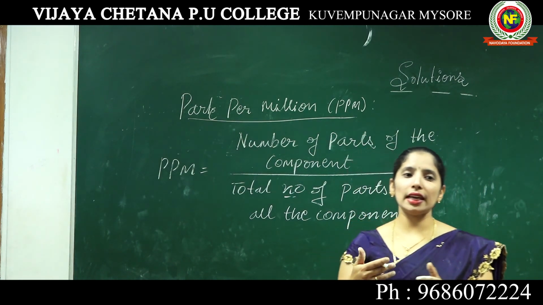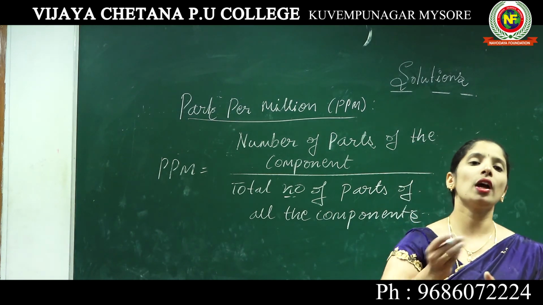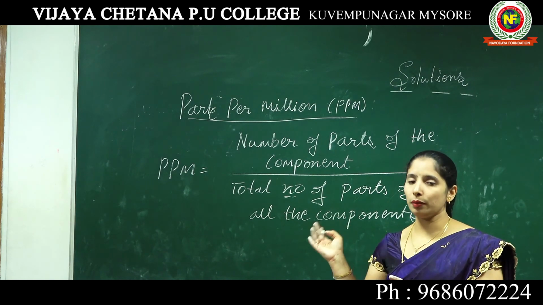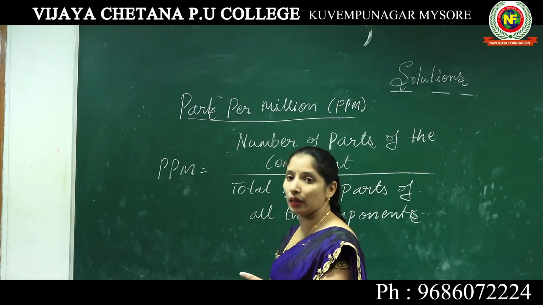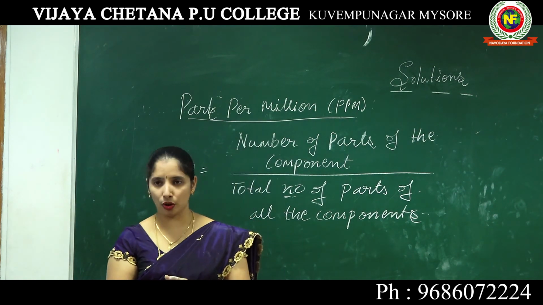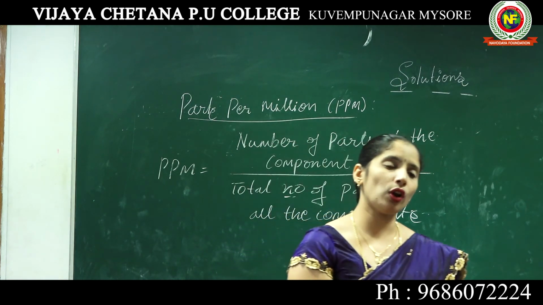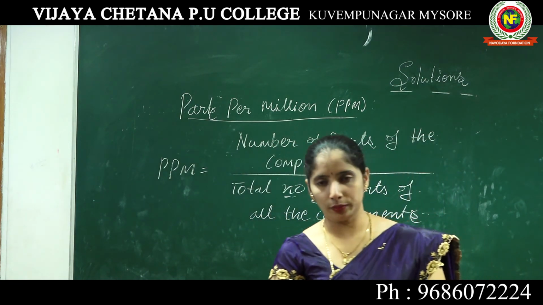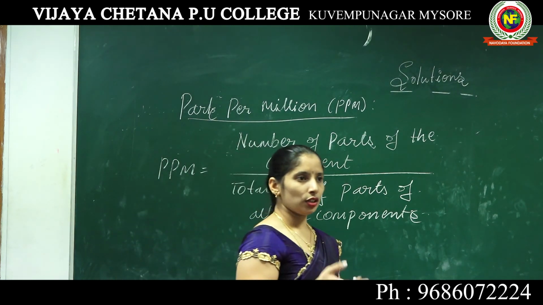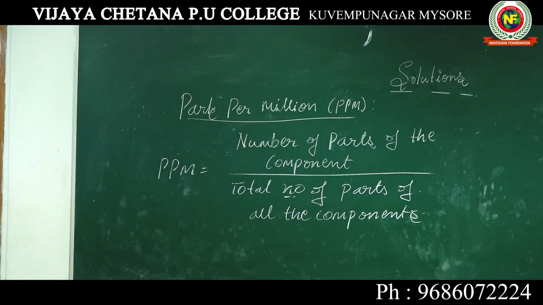Like percentage, we can also express parts per million in the form of mass to mass, volume to volume, and mass by volume. For example, pollutants in the air, a little bit of pollutants are added.